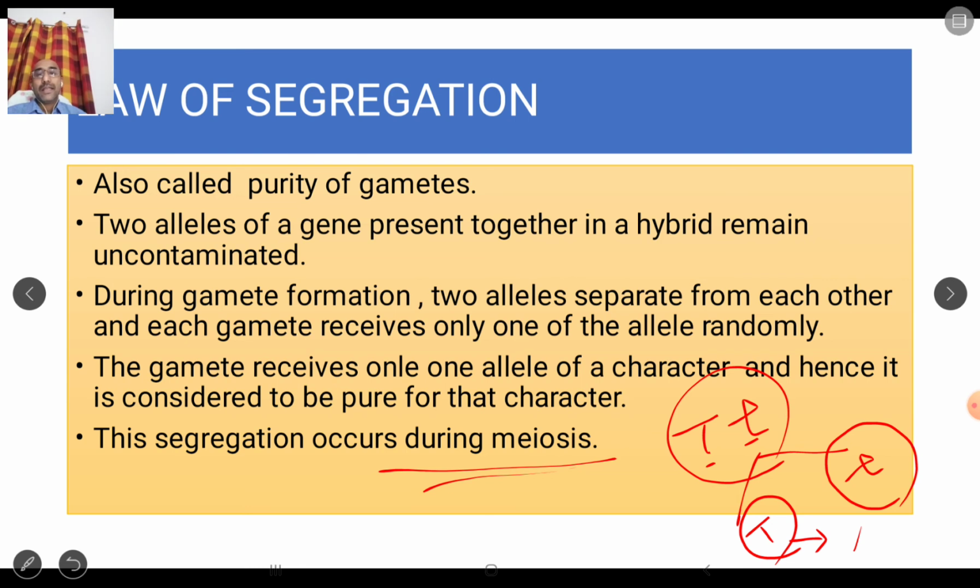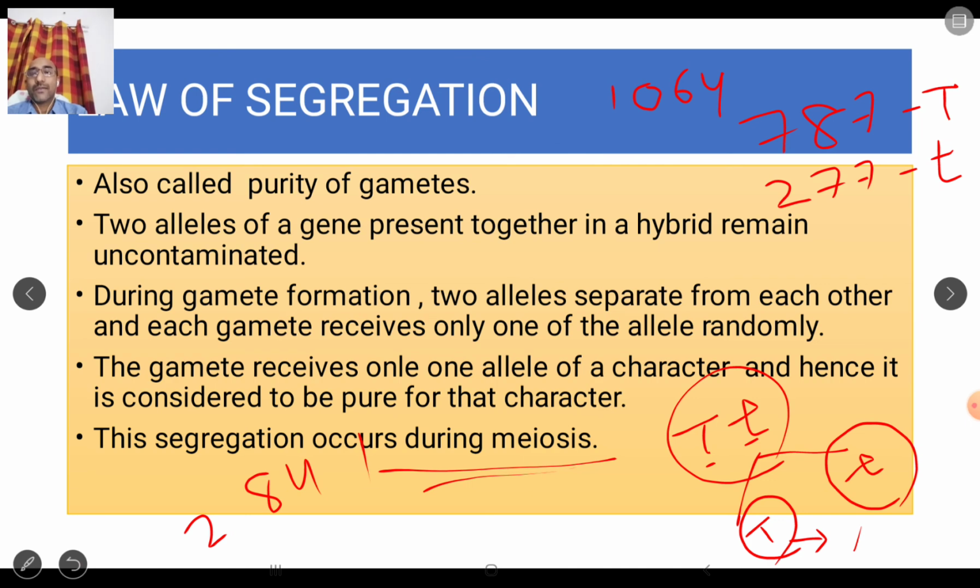So as far as Mendel's experiment is concerned, in the F2 generation of monohybrid cross, out of a total of 1064 plants studied for stem length, that is tall and dwarf character, 787 were tall and 277 were dwarf, with a ratio of 2.84 is to 1.